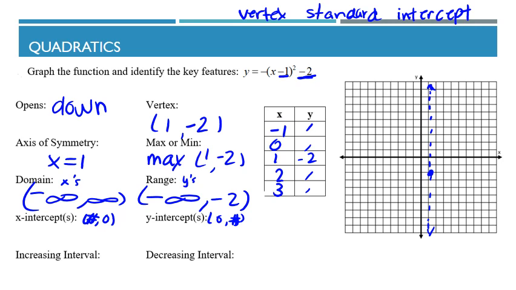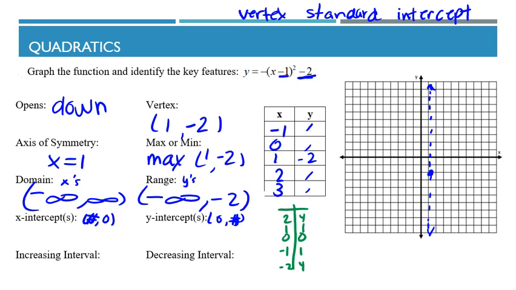We also dealt with the shifts, so we used a parent table. The parent table started at 0, 0, and then we said 1 squared is 1, and 2 squared is 4. If I go the other way, -1 squared is 1, and -2 squared is still 4.